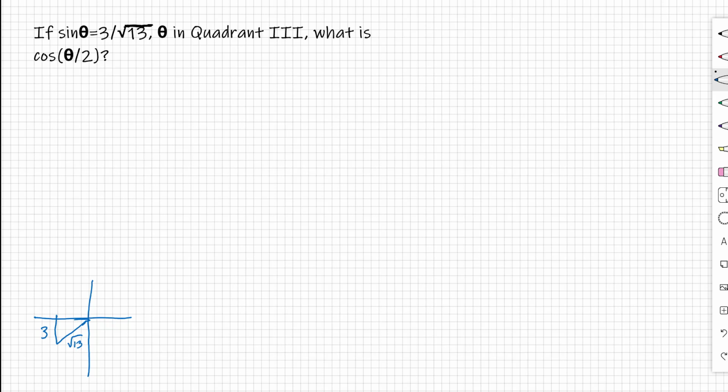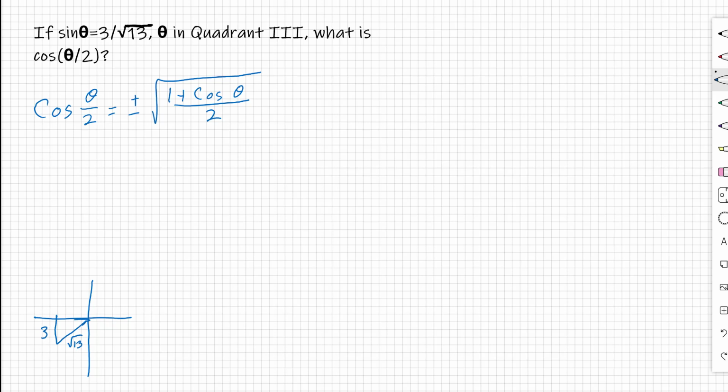And we're looking for cosine of theta over 2. And that formula is cosine of theta over 2 is plus or minus the square root of 1 plus cosine theta all over 2. So we need to know what cosine of theta is. To find that, we'll use our Pythagorean theorem.